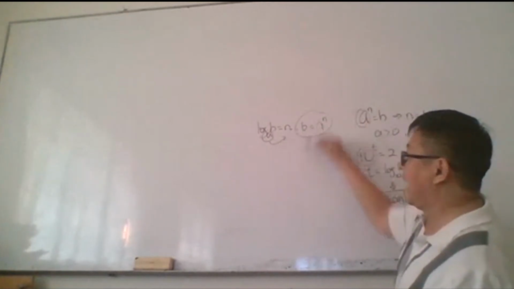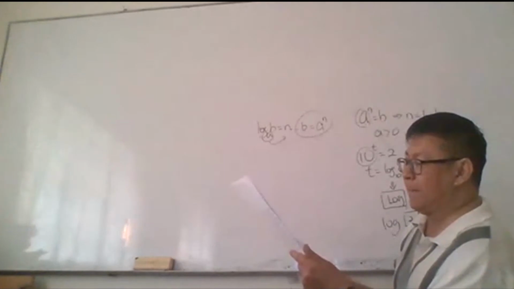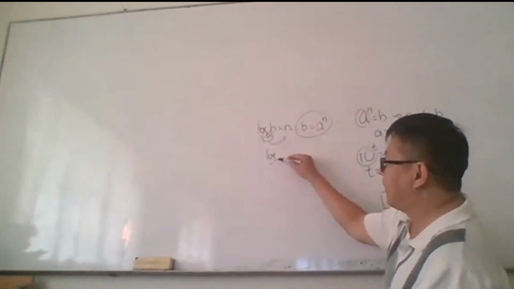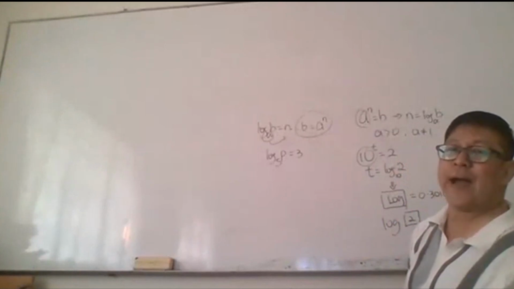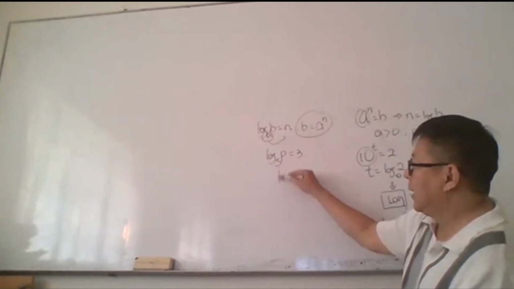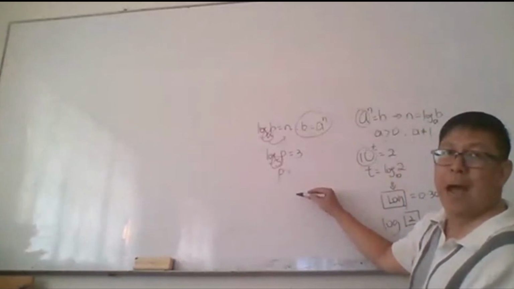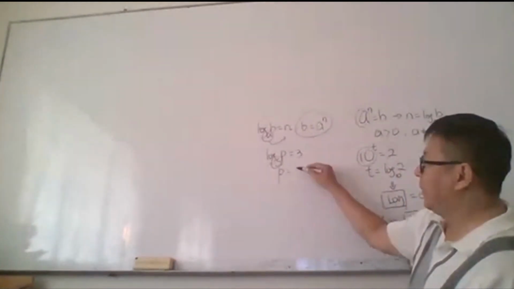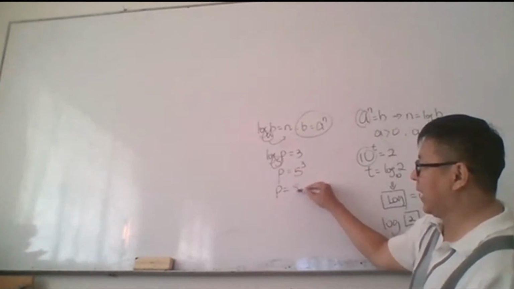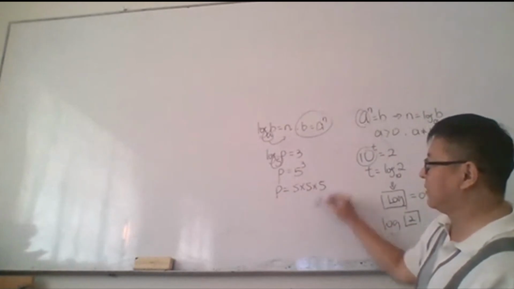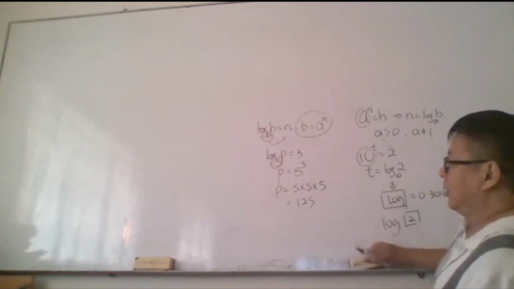This is your index form. I'll give you one simple example, like log_5 p equal to 3. In order to find the value of p, I will remain, I just shift the base 5, becoming 5^3. And 5^3 is 5 times 5 times 5, so it becomes 125.